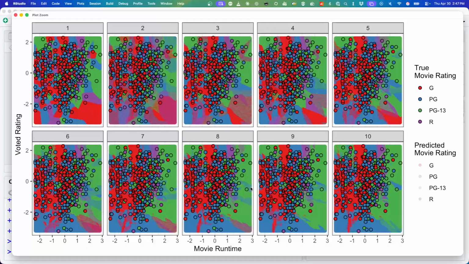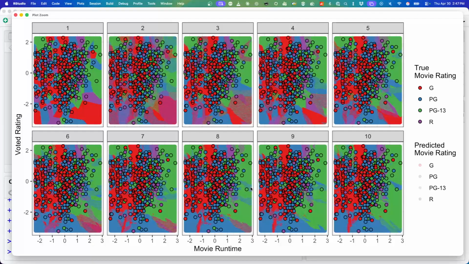Okay, here we go. Yeah, so it looks a little messy, right?